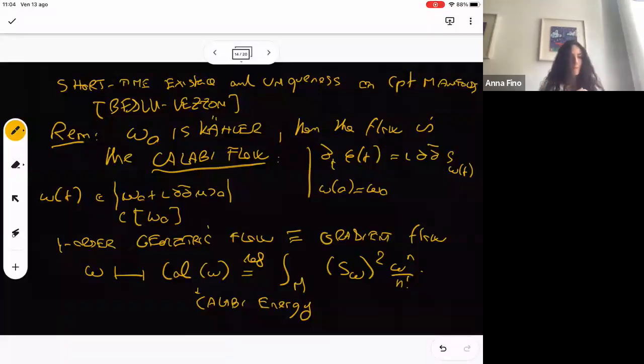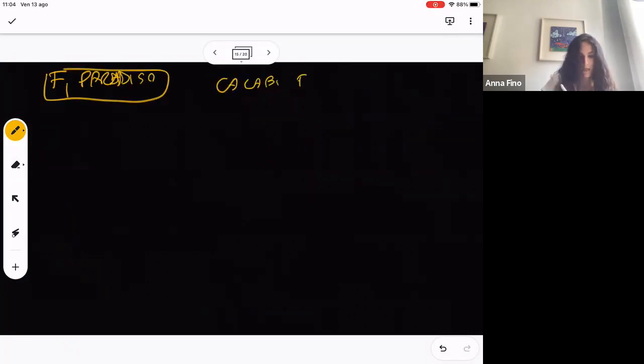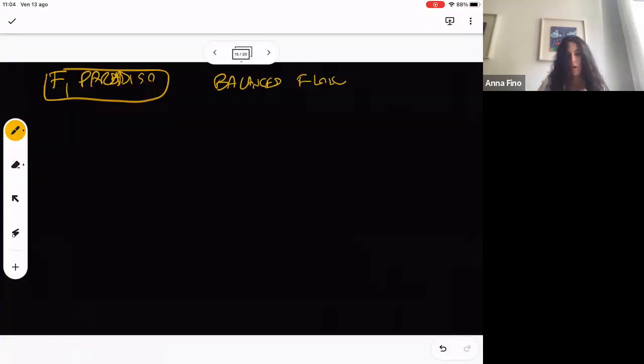And okay, for the Calabi flow there are many results. In the case of the balanced flow, we study this flow with Fabio Paradiso: the balanced flow, not Calabi, sorry, on 6-dimensional balanced Solvmanifolds. And it turned out that the solutions are defined for any t positive.